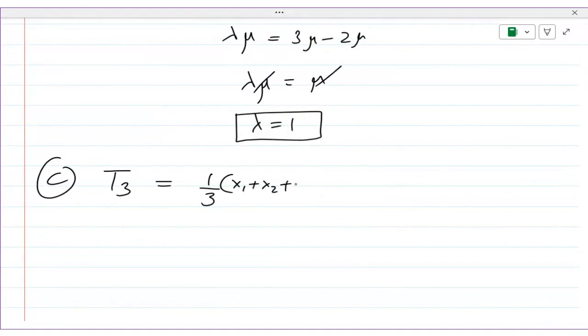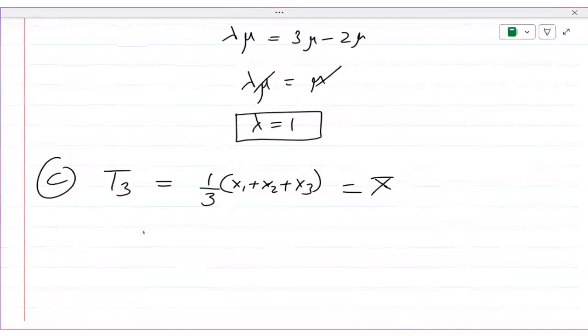They are asking, is it consistent estimator? So if you see T3 carefully, what is it actually? It is sum of the values divided by total number of values, right? So it is mean of x1, x2, and x3, mean of a sample, and mean of the sample is consistent estimator. We have done the proof of it. That mean is always consistent.